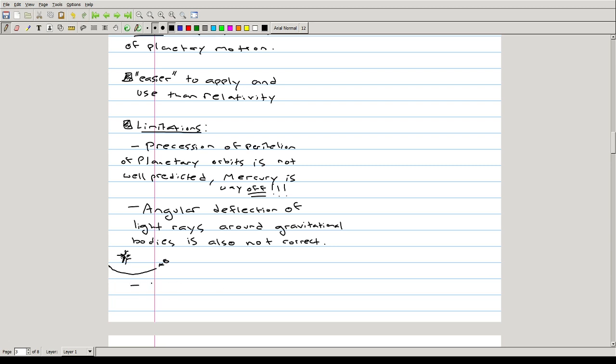And in general, for Newton's theory of gravitation, errors build up over time.